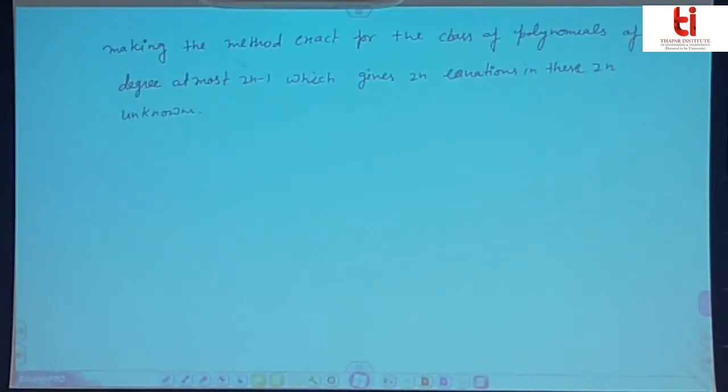By making the method exact for the class of polynomials of degree at most 2n minus 1, by the same procedure as we discussed in the preceding part, which gives us 2n equations in these 2n unknowns. Okay, how to do that? Let us explain the method, then we'll come to this point again. So, the Gauss Legendre integral method.